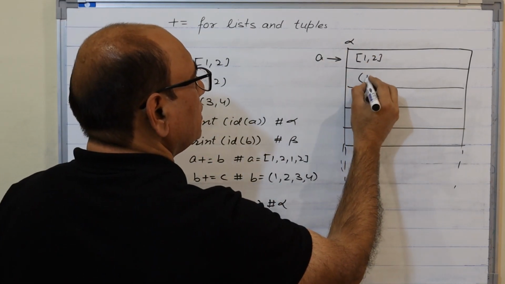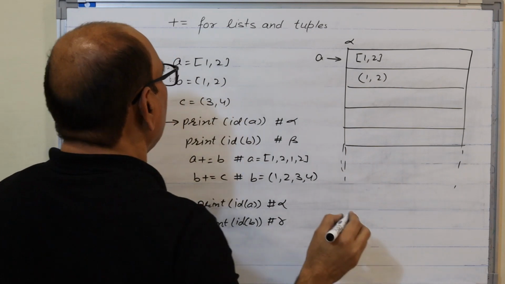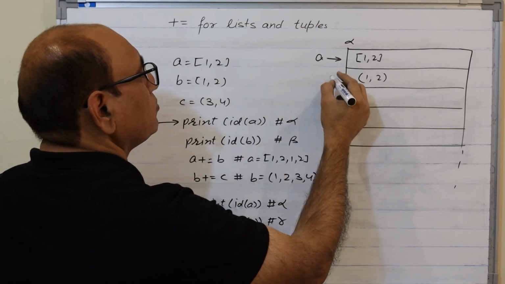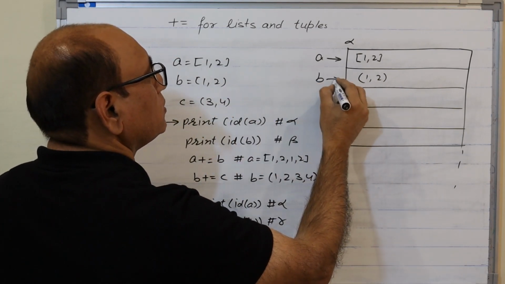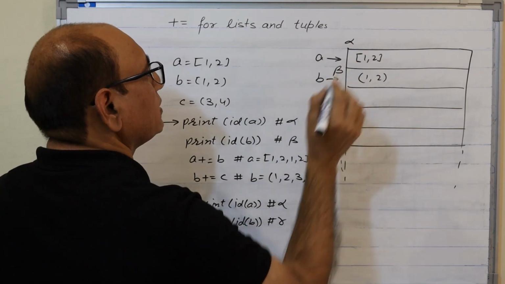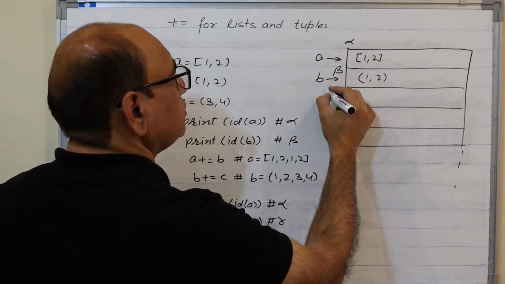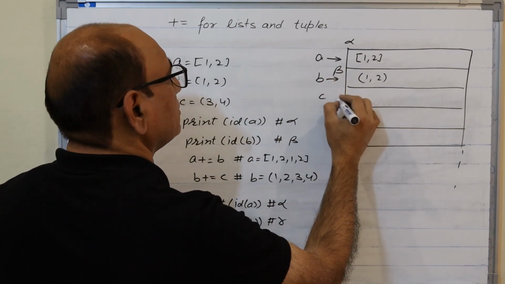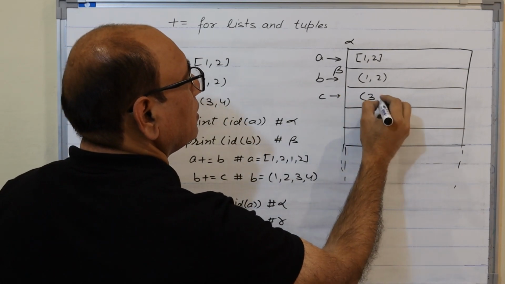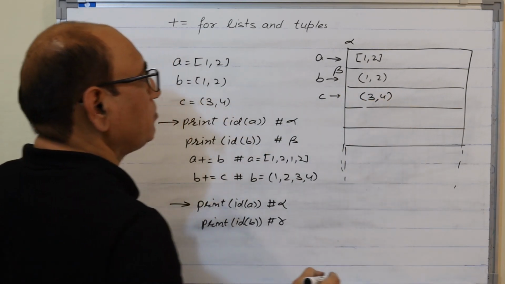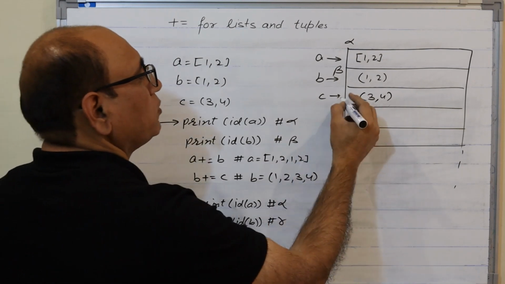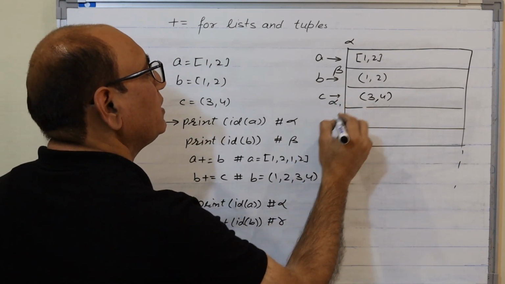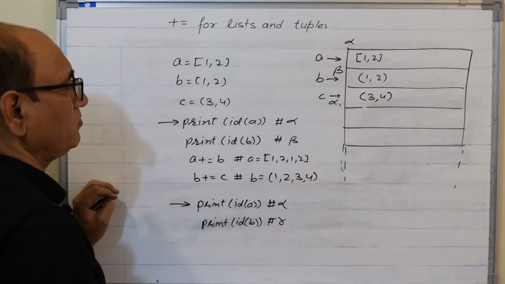B is stored here containing a tuple 1 2. Suppose address of B is beta. C is stored somewhere else representing the tuple 3 4. Suppose this is alpha 1, it can be any address.